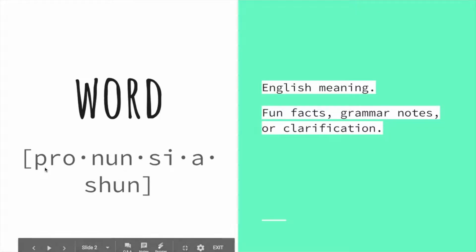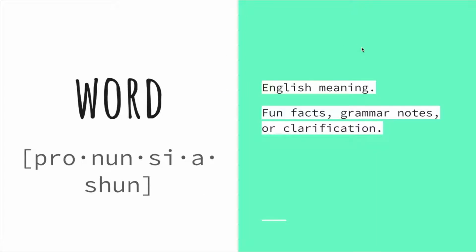So up here is going to be how the word actually looks, the way you spell it, and then down here, you're going to see the word written out in a way that tells you how it is said. This is not an accurate representation of the spelling. This is a representation of the way it's pronounced. Obviously that's not how you spell pronunciation. It's just an idea of how you say it.